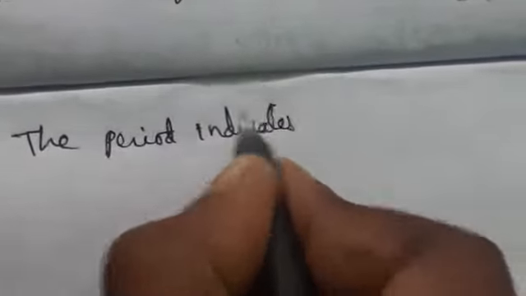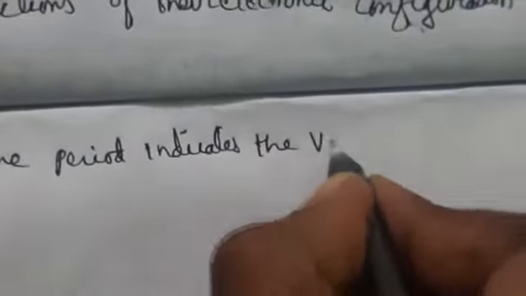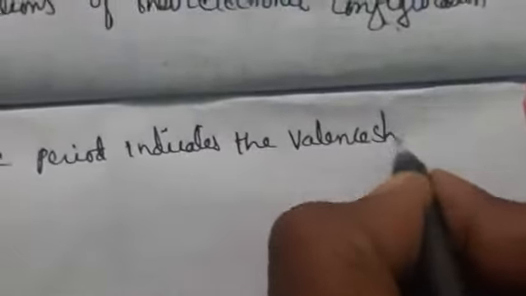And also here, the period number indicates the valence shell. Whenever you take a period, the period indicates the valence shell.